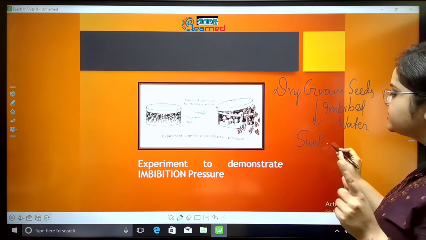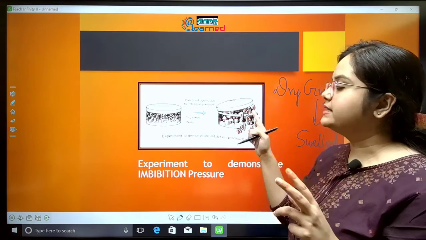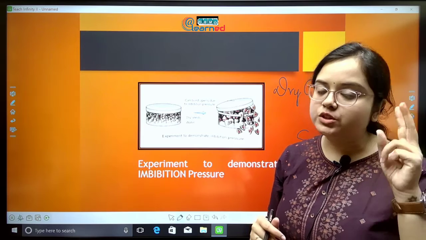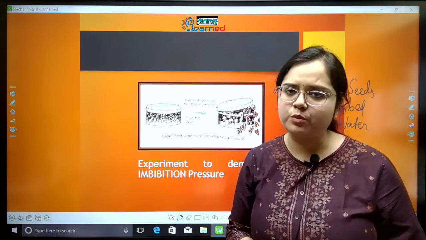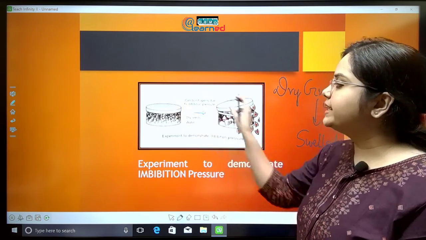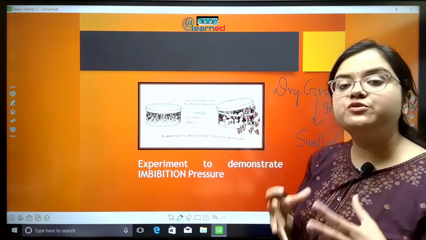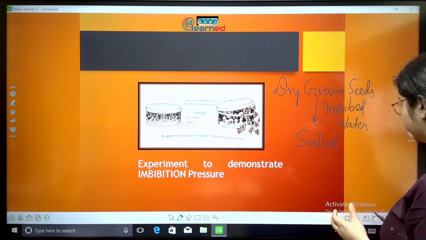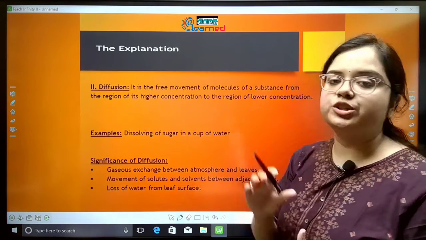This is the first phenomenon of processes that is happening in the plant to absorb water. So the definition of imbibition can come for your exam as a 2-mark question, and also they can show you a picture of this, or they can ask you about the experiment which you can perform to show imbibition in seeds. Next slide, it talks about the diffusion process.